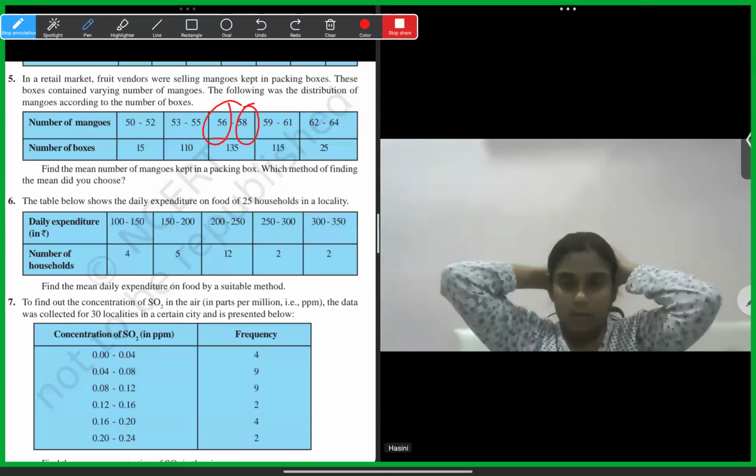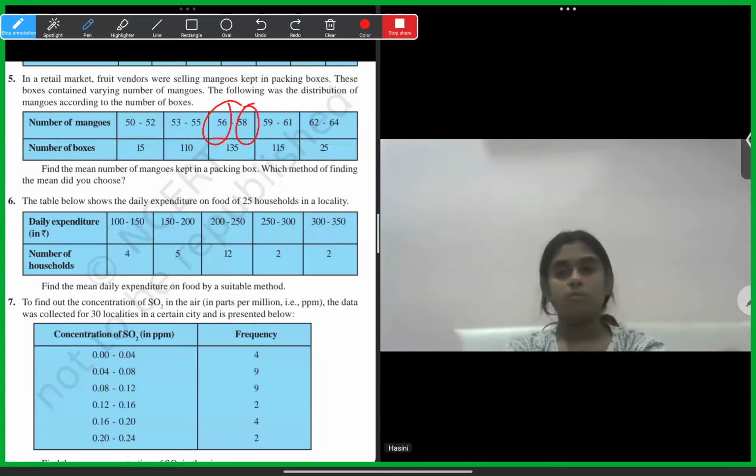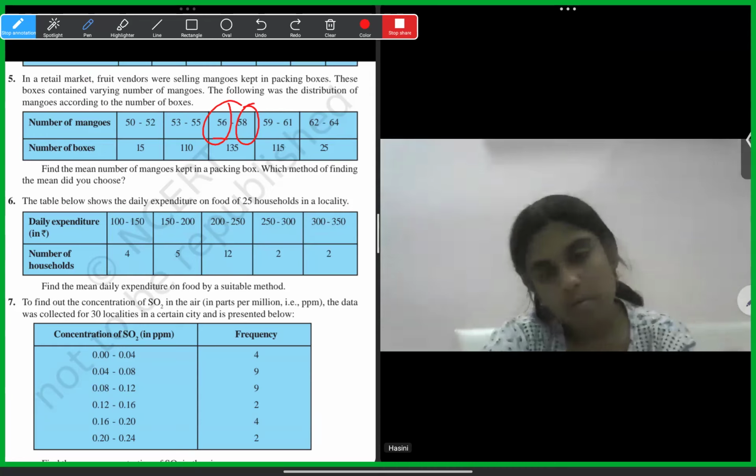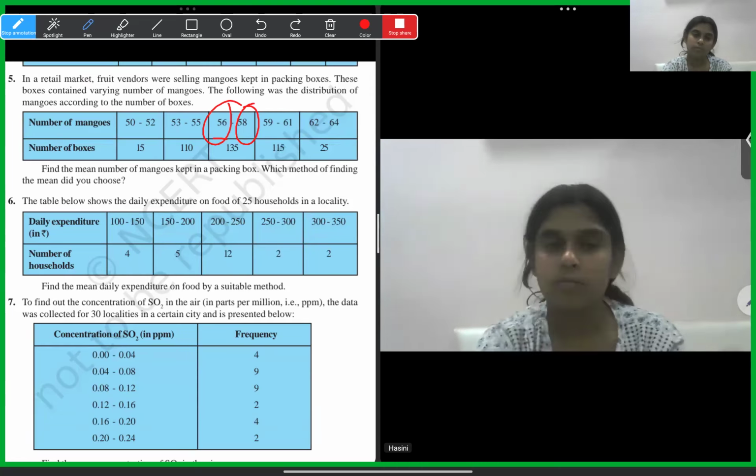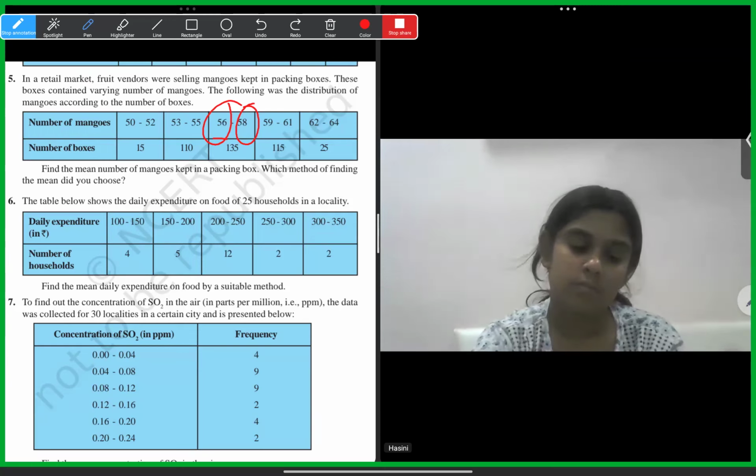But Hasni, if you still do the sum using step deviation by considering any h value, still you will get the same answer. Generally, teachers will tell students to take h as class size when doing step deviation.